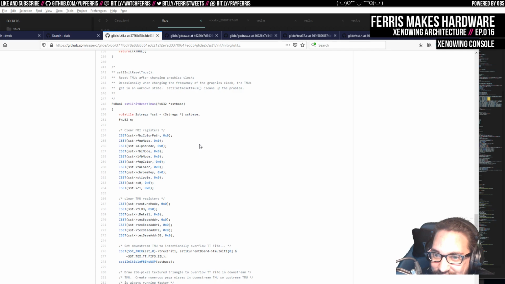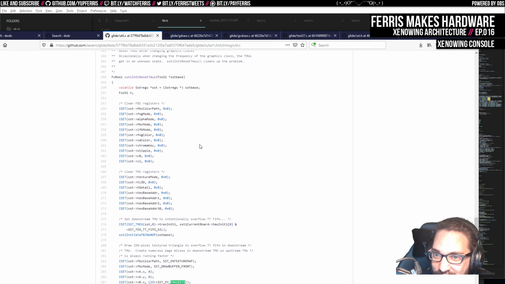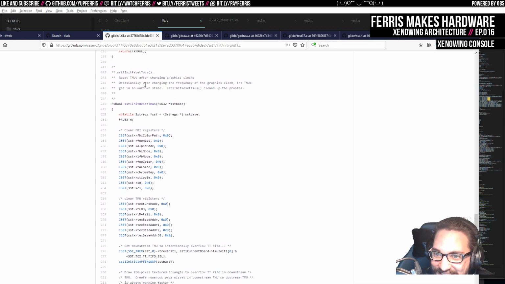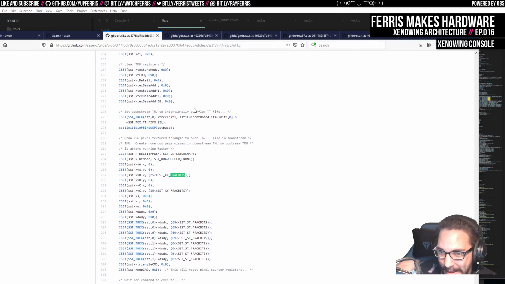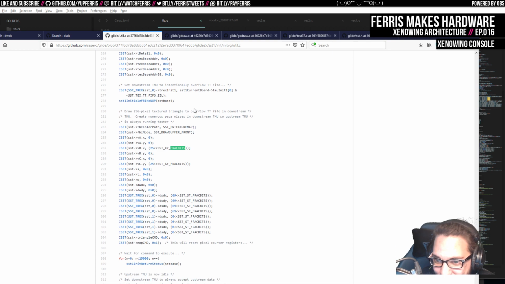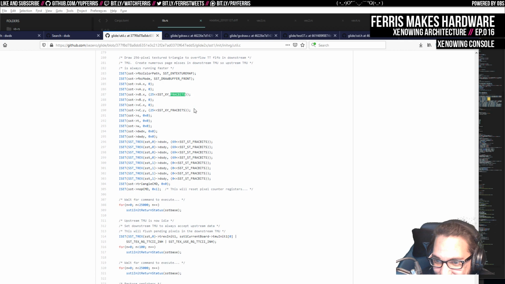What is this? Oh, occasionally when changing the frequency of the graphics clock, the TMUs get in an unknown state, and this... That's awesome. Oh, that feels so nasty.